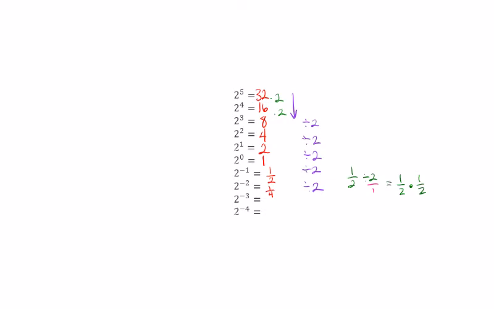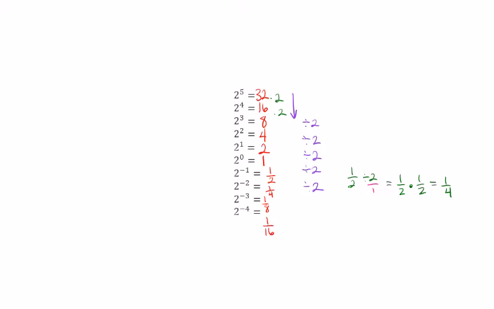And so 1/2 multiplied by 1/2 is 1/4. So dividing by 2 is the same as multiplying by 1/2, right? We talked about that before. And so if I divide by 2 again, I would get 1/4 times 1/2, which is 1/8. And then dividing by 2 again would get me 1/16, right?